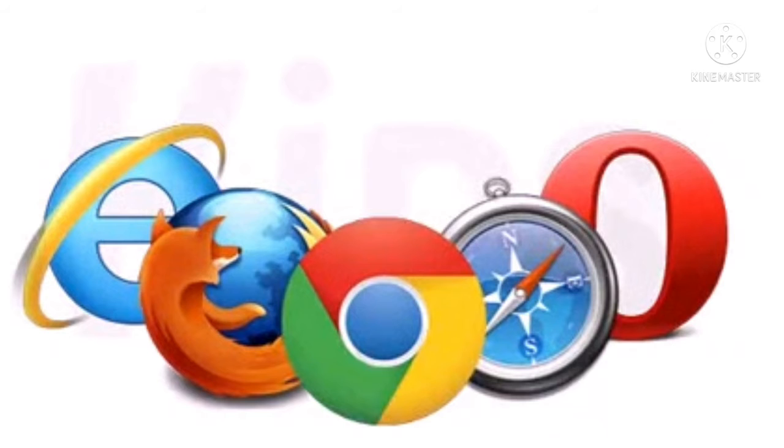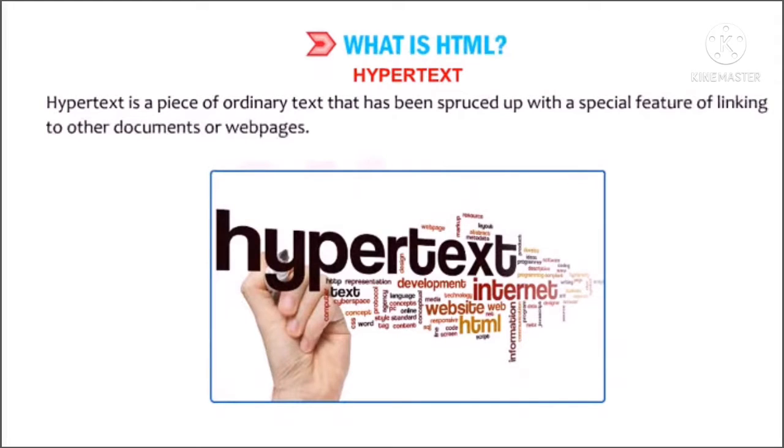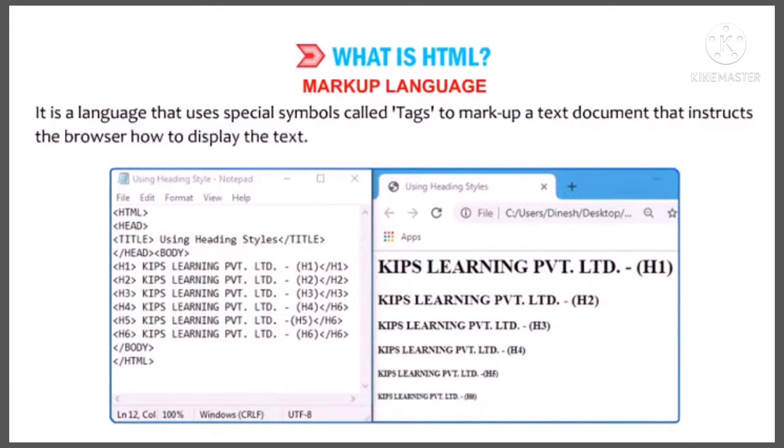So let's see the acronym HTML. HT means hypertext. So what is hypertext? It is a piece of ordinary text with a special feature of linking to other documents, which means whenever you click on the hypertext, it opens a new web page. That is hypertext. And ML means markup language.